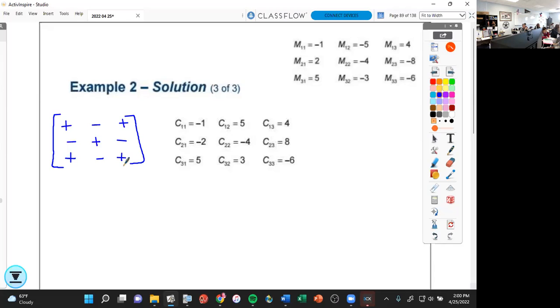Plus means keep the sign, minus means change the sign. Row 2, first guy, 2, change the sign, -2. -4, keep the sign, -4. -8, change the sign, +8. Are y'all following all that? Yes.